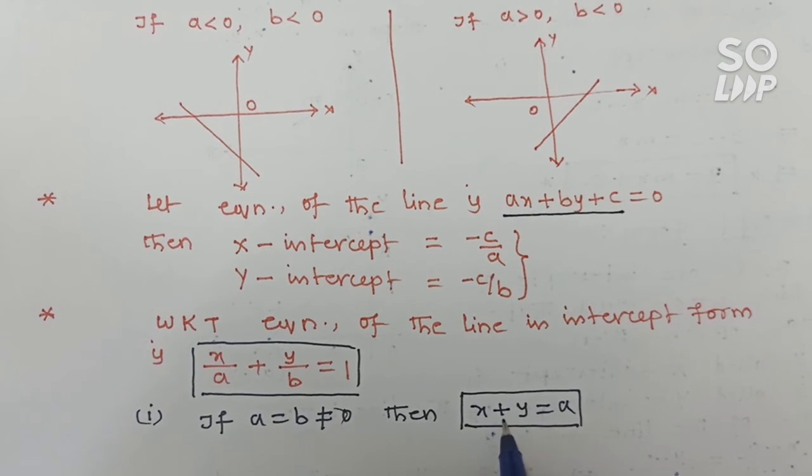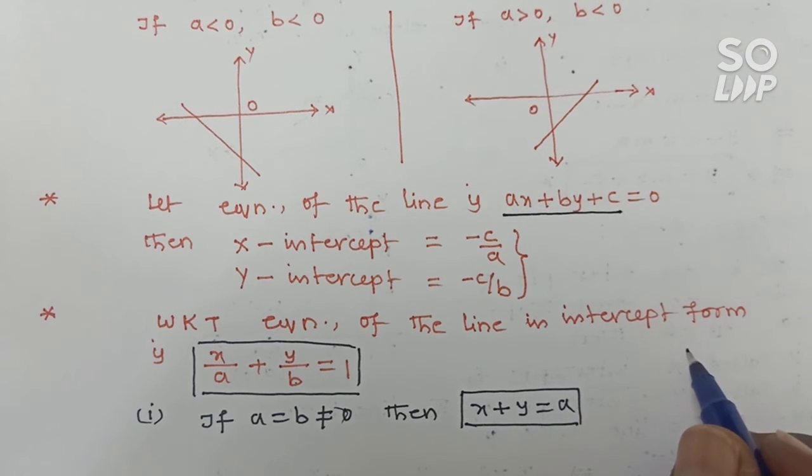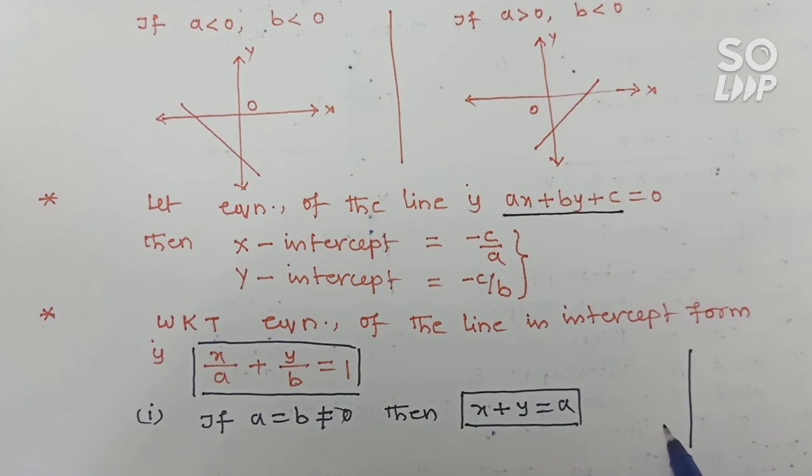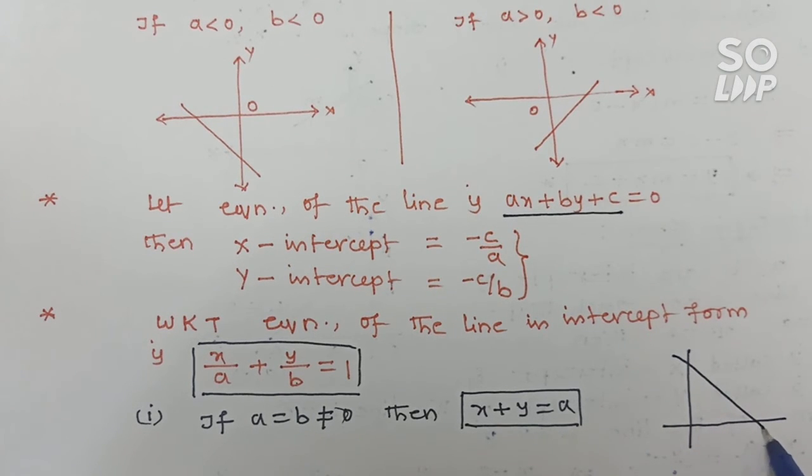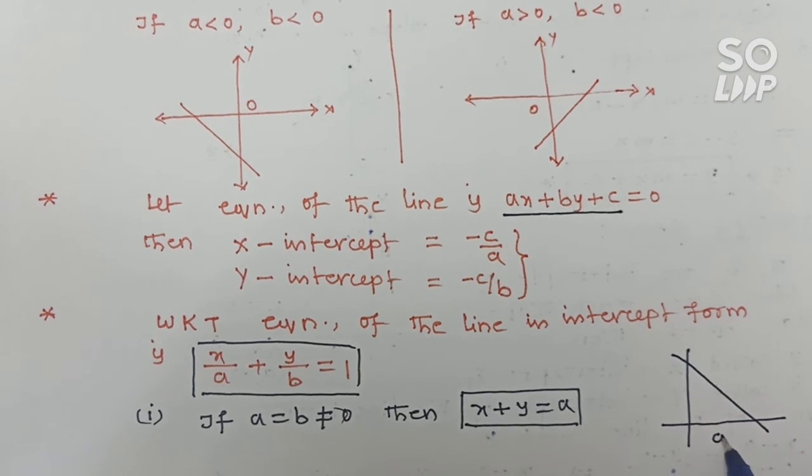Suppose this line has equal intercepts. Equal intercepts means a is equal to b.